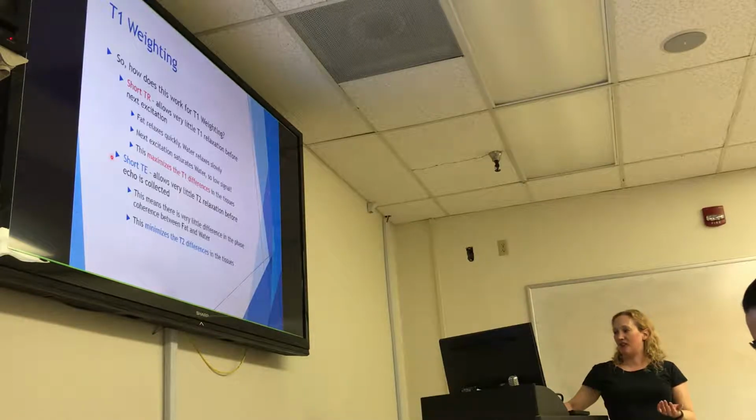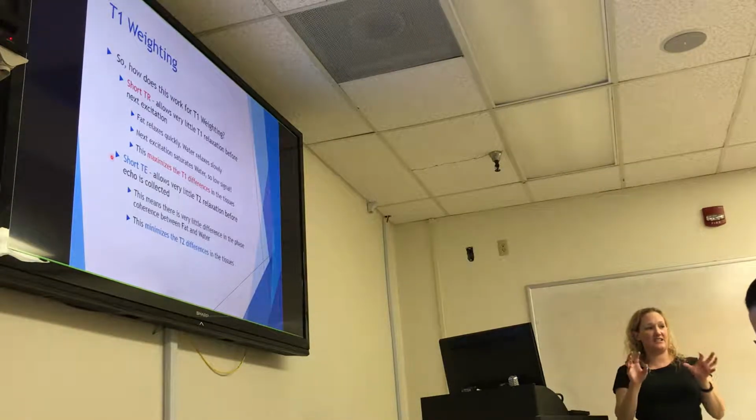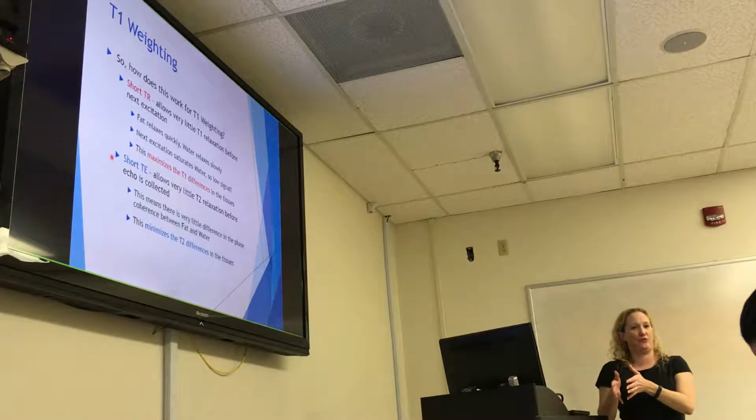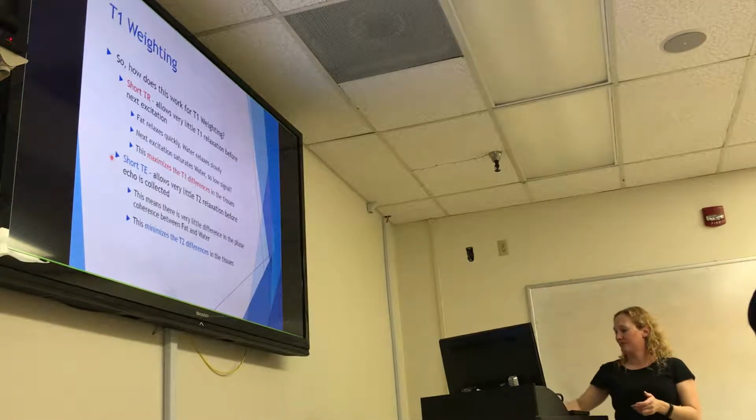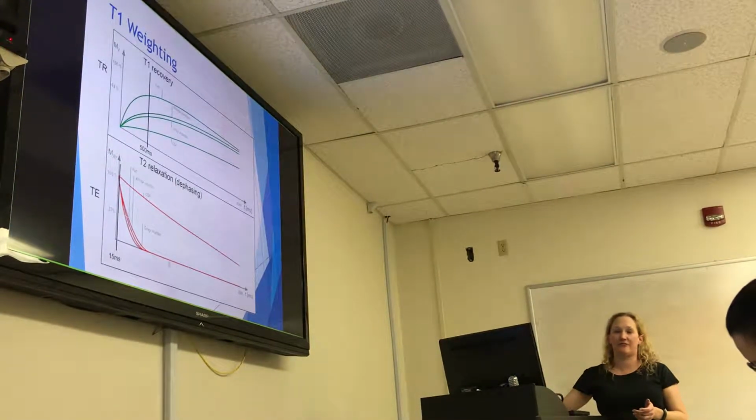And again, as I mentioned last week, the terms short and long are very relative. So don't compare TE to TR as far as short and long. Compare TR to TR, so apples to apples. When we talk about short and long, you can see that here in this graph. So here is the combination of our two different factors in a T1 weighted series.